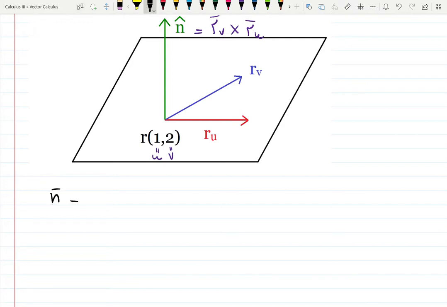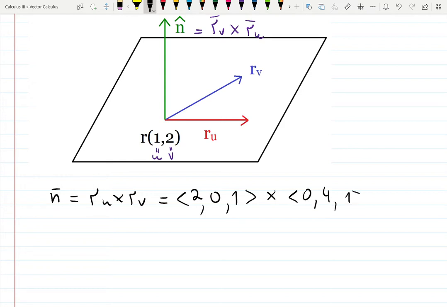N is r u times r v, which is, we have both, so it's going to be 2, 0, 1 cross product 0, 4, and 1. And now we remember it's i, j, k, put in order and start multiplying. i times 0 minus 4, I can see it from crossing.